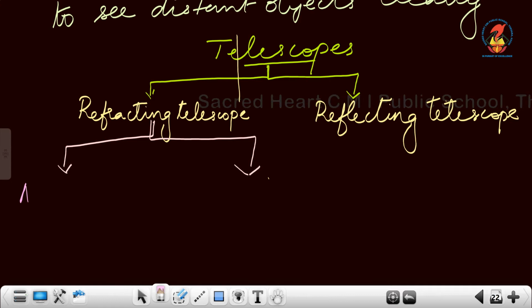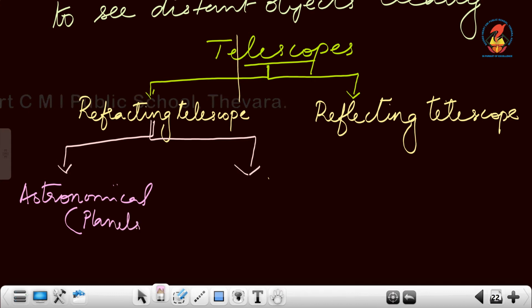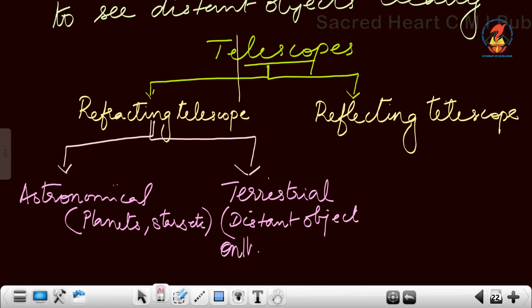The first one is the astronomical telescope, which we use to view space and celestial objects like planets, stars, etc. And the second one is the terrestrial telescope, the one which we use to view distant objects on the surface of the earth.